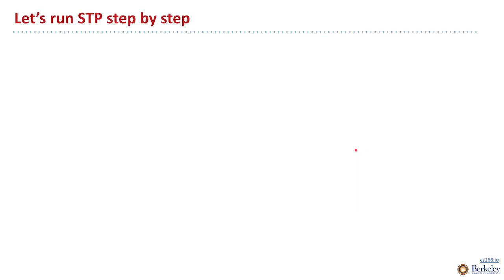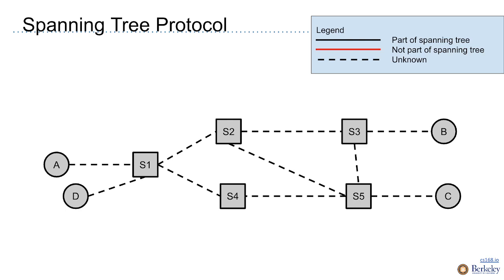Okay, so we went through some examples of what these spanning trees look like. Let's now run the actual spanning tree protocol algorithm as described in lecture, and see how we end up with the tree that we said we will have to end up with. As we said, we start with all the links being unknown. We don't know whether any of these links are part of our spanning tree or not.